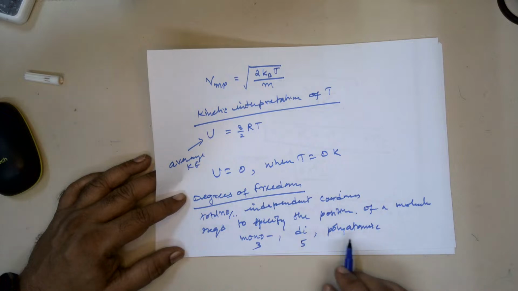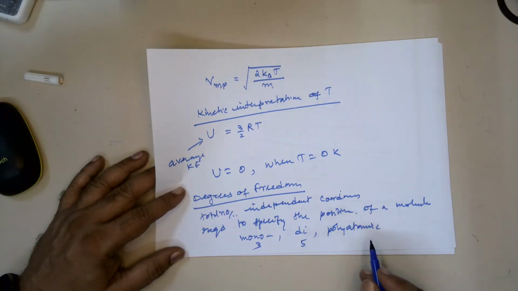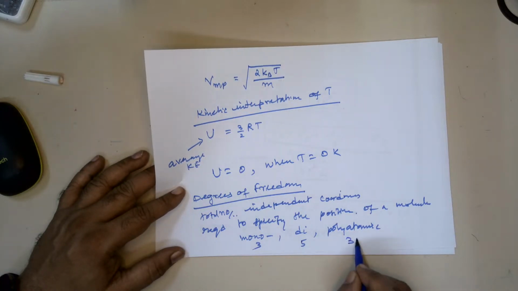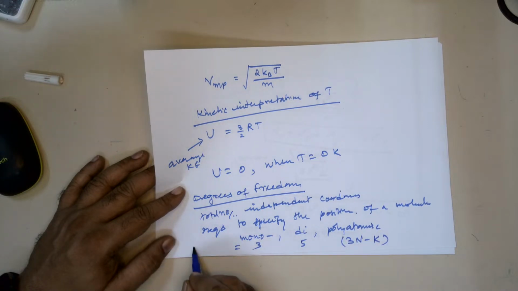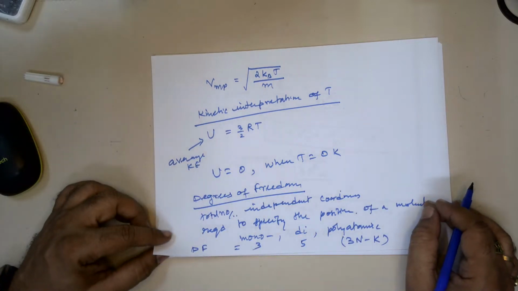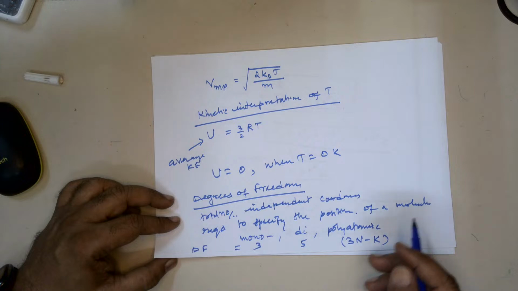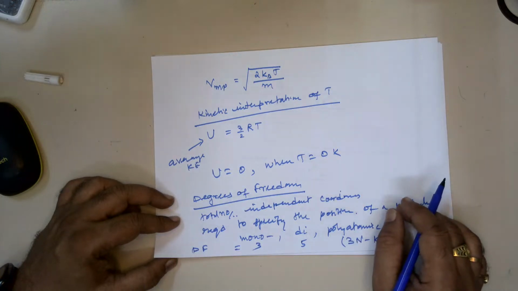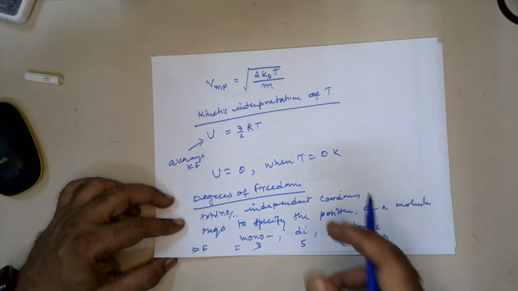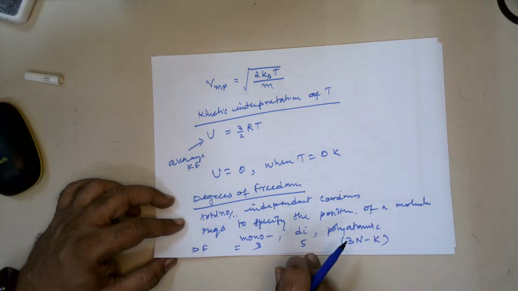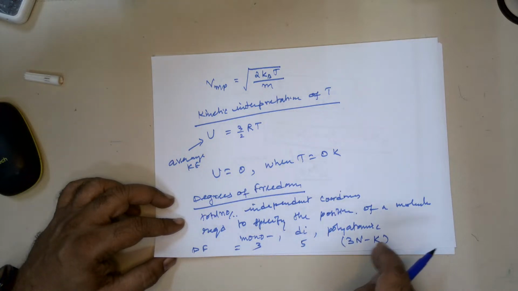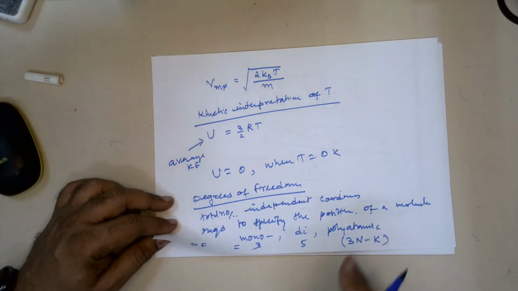And if it has n atoms, that is polyatomic, then you can put 3n minus k degrees of freedom, where k represents the number of constraints or restrictions associated with the structure. That is called k, right?